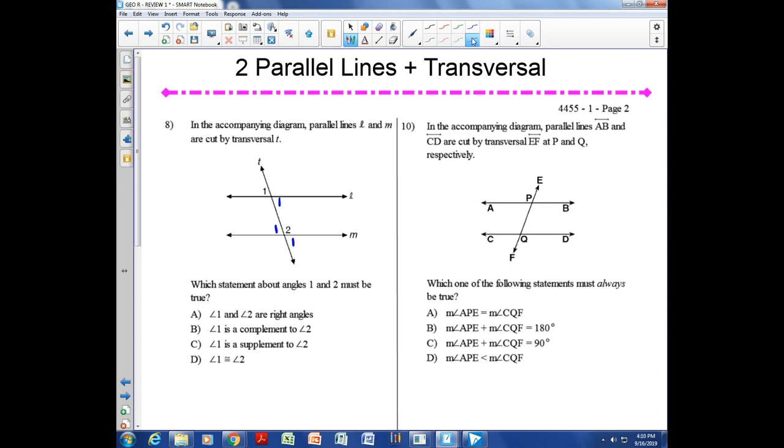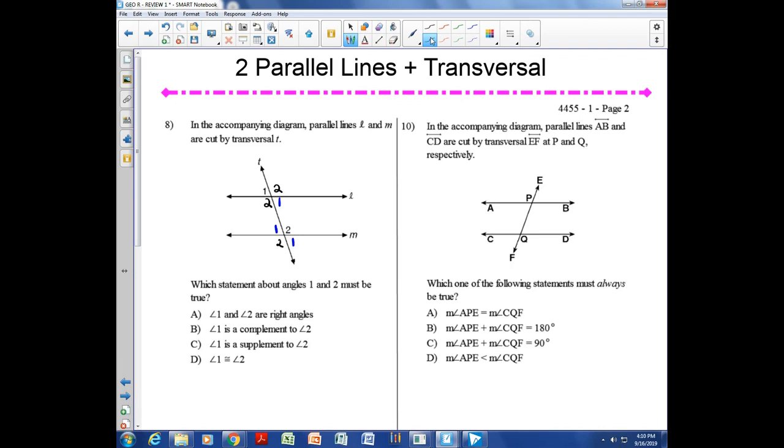And now we could do the same thing with angle 2. If that's angle 2, then this is angle 2 because those are vertical angles. And because up here, this is a corresponding angle, and that right here is another vertical angle. So all of the acute angles, as they appear, that have a 1 on them are the same. All of the angles that have the number 2 in them are also the same as each other.